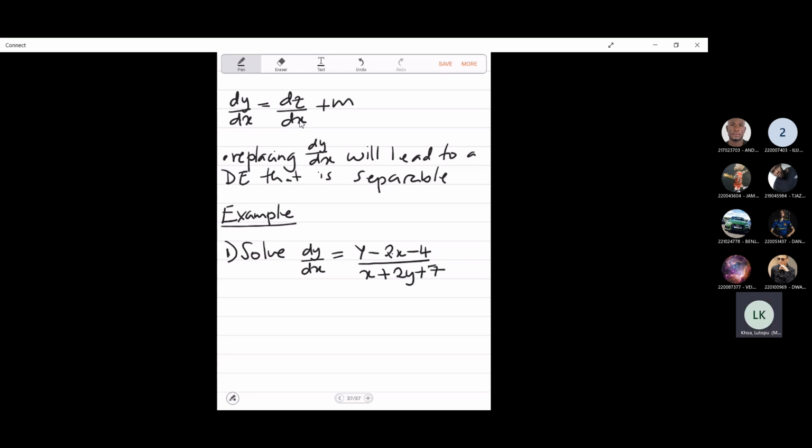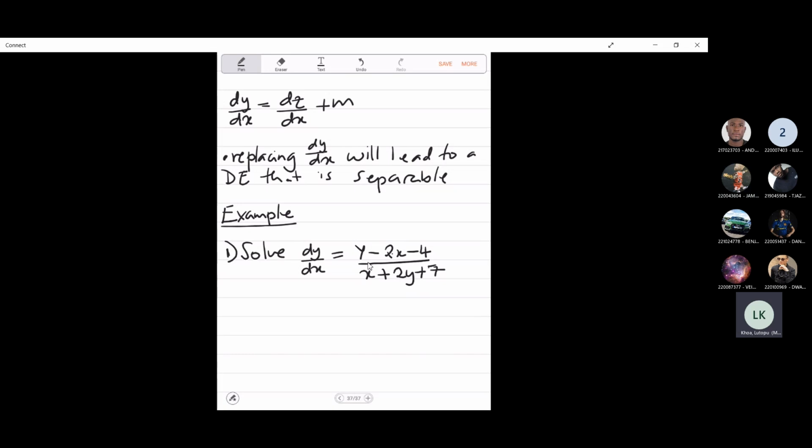Okay, so here you can check right away, this is definitely not homogeneous, because if I were to divide everything by x here, I would have y over x, this would be 2, and then here I'll have over x, 1, y over x, and then this is over x. So this would not be a function of y over x, so I cannot make the substitution right away.